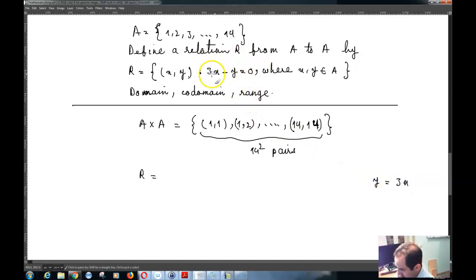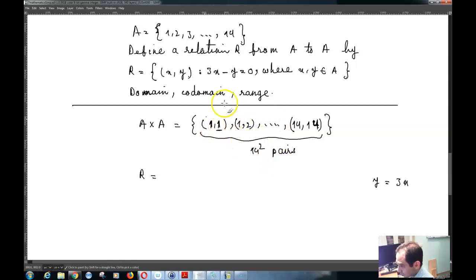If you rewrite this expression, you'll get y is equal to 3x. That means that the second component over here is 3 times the first component.